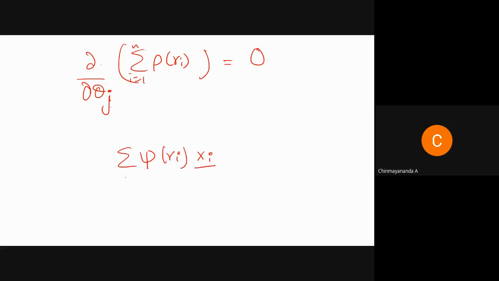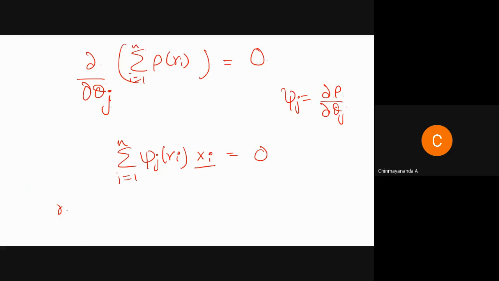This is a vector, this is a scalar, i equal to 1 to n, and this is 0. So this is what you are going to get.